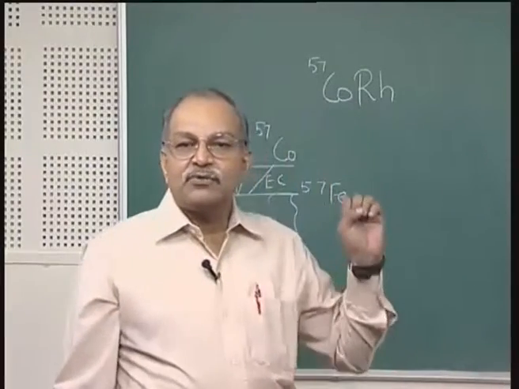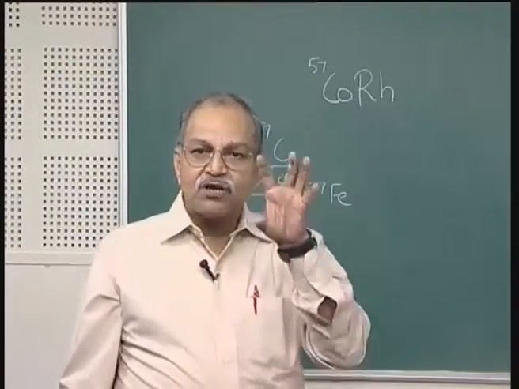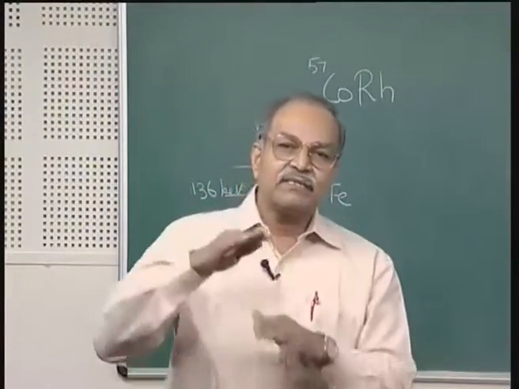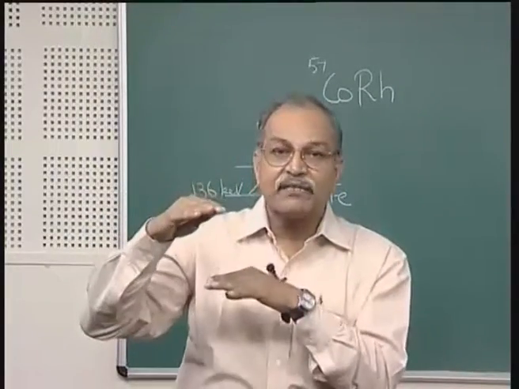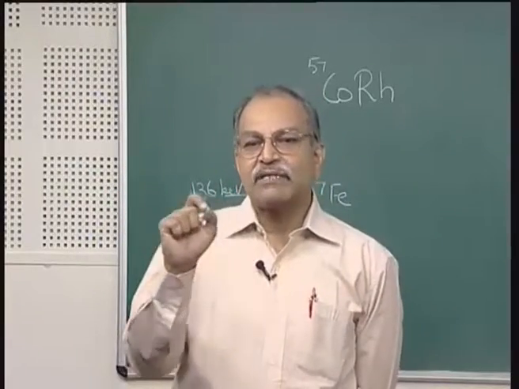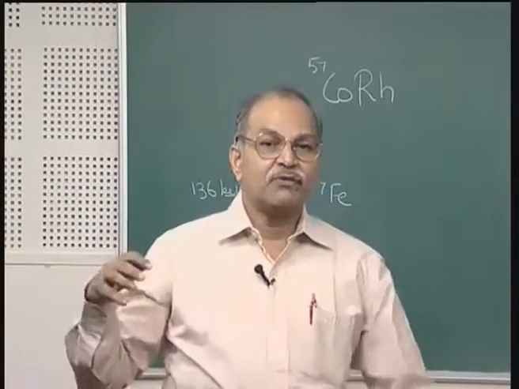So, this is known as the source, and in this, because of the interaction with that rhodium solid, the energy levels of iron 57 are shifted, not split, they are just shifted. So, you will get mono energetic gamma rays of 14.4 keV without splitting.